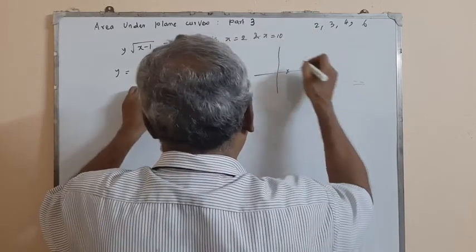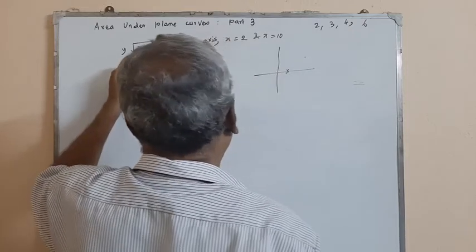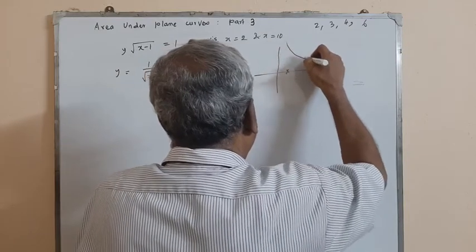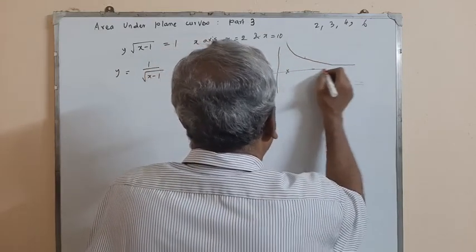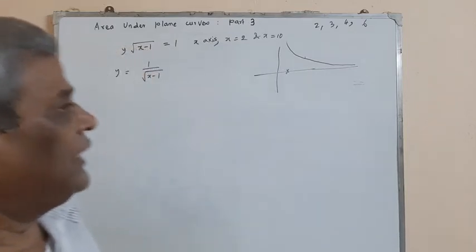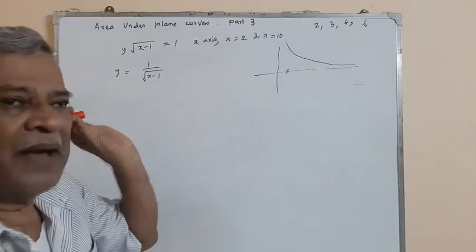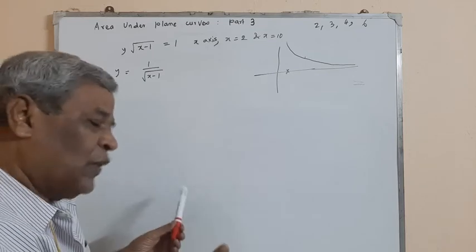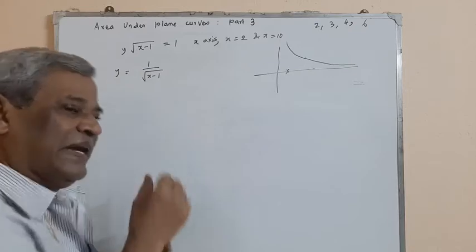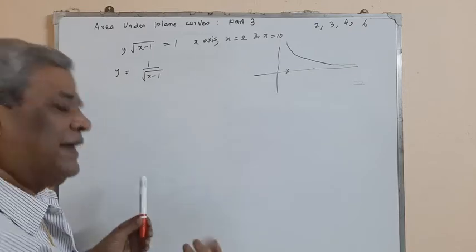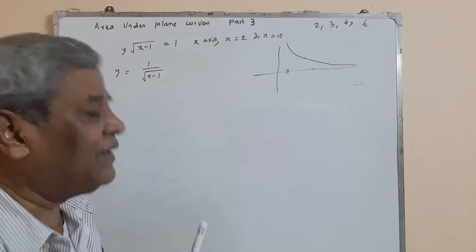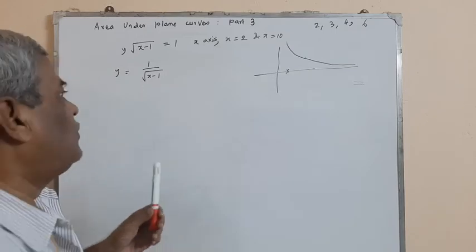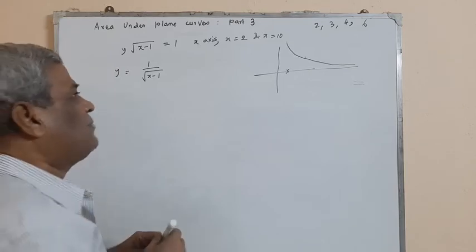And then gradually, when x tends to infinity, it becomes 1 by infinity means 0. So it is of that type. A rough sketch is required. But the technique is to take where the curve is valid, real, and where it is not real and defined, I mean real and finite. And then find a few points where a value can be assessed.